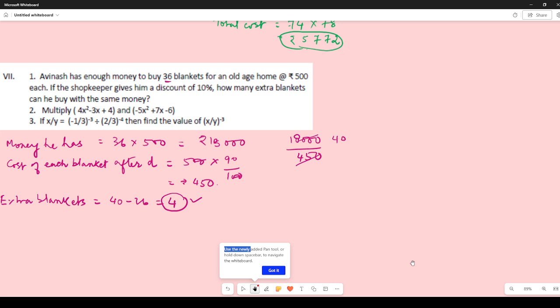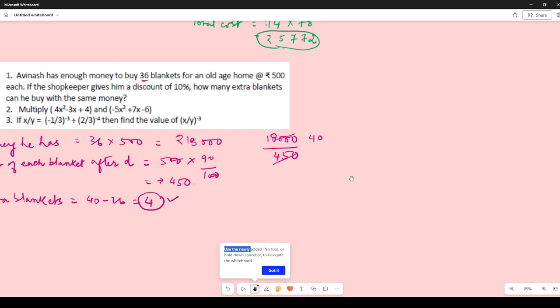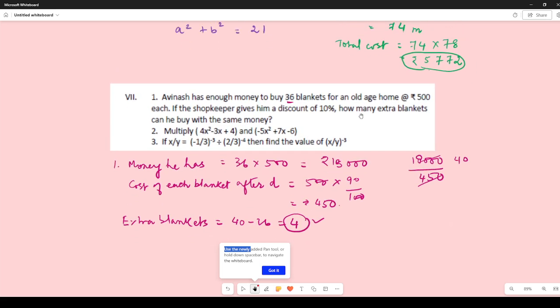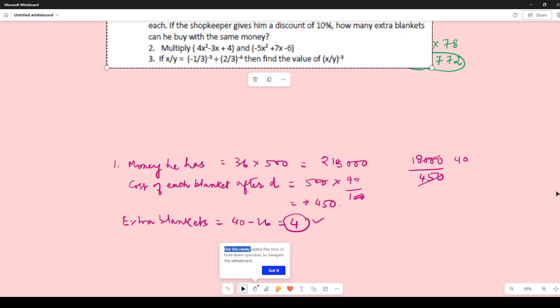Multiply 4x square minus 3x plus 4. Let us take a little bit of space over here so that we can have all the numbers written clearly. Let me just shift this up so we can write the sum over here.